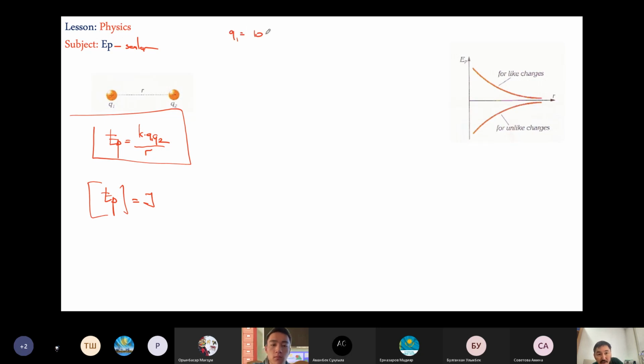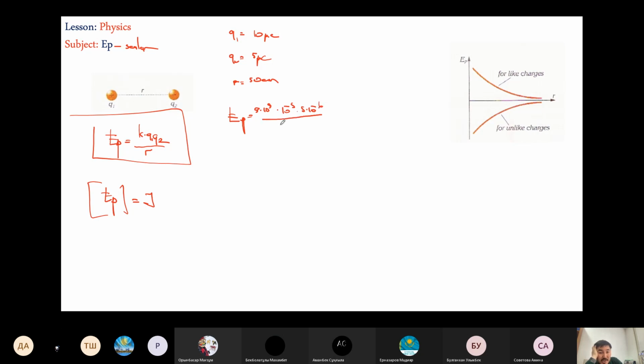Let it be 10 microcoulombs, and let Q2 be, for example, 5 microcoulombs, and the distance is about 50 centimeters. So the potential energy is easy to find. Okay, it's easy to find. I'll write here that potential energy equals 9 times 10 to the power of 9. That's 9. Times 10 microcoulombs. Let me write it as 10 to the power of minus 6. And 5 microcoulombs times 5 10 to the power of minus 6.